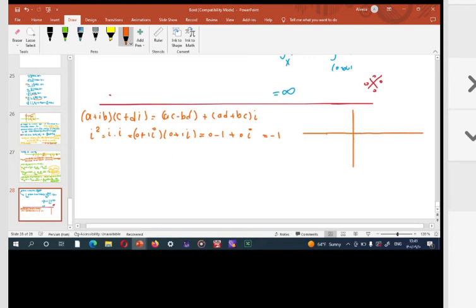If these are all ordered pairs a and b, okay, or with this notation a plus ib, then any element on this axis has this form, x plus 0i, or this is equal to (x, 0).